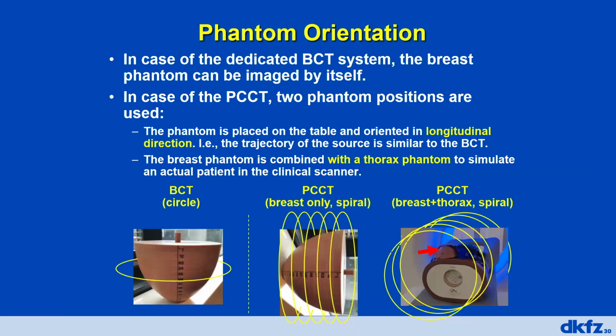Another potential application that might arise in several years in clinical photon counting CT is dedicated breast imaging. The gold standard for this right now is mammography. So basically an X-ray image of the female breast under compression, and this compression is rather uncomfortable for the women.